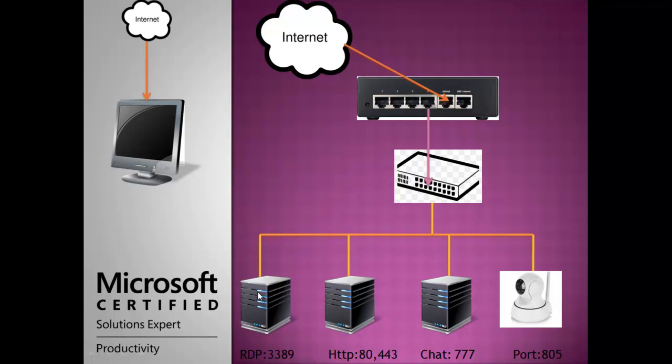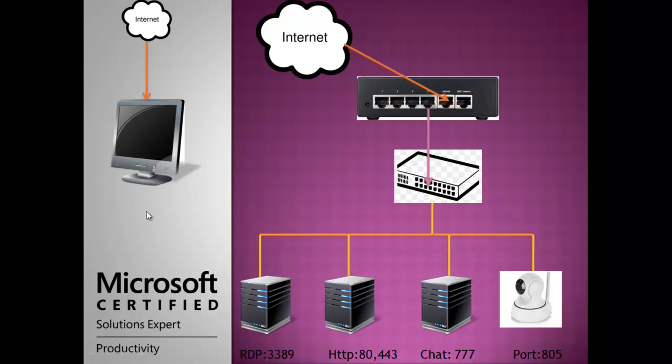Suppose you have an IP address like 1.1.1.1, you can take it as an example. We have to forward our public IP to 1.1.1.1 and the port will be 3389.